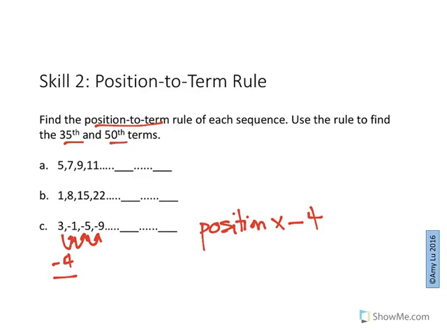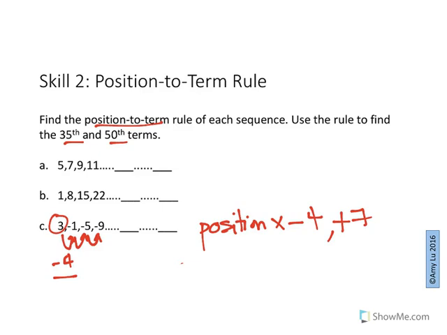And then, in order to turn it into 3, because 1 times -4 makes -4, we want to turn it into a 3. So in this case, we have to also add 7. So therefore, our position to term rule is multiply position by -4 and add 7.